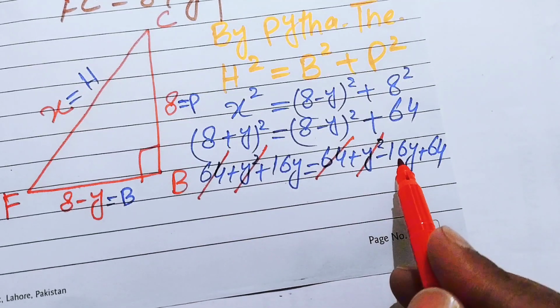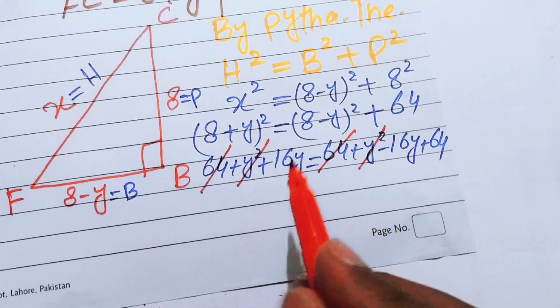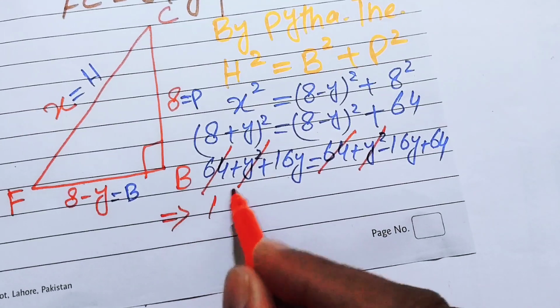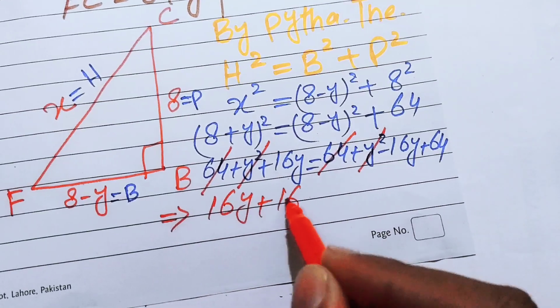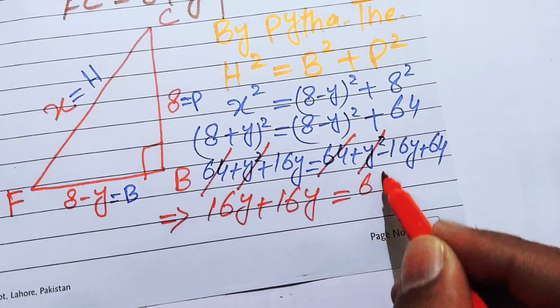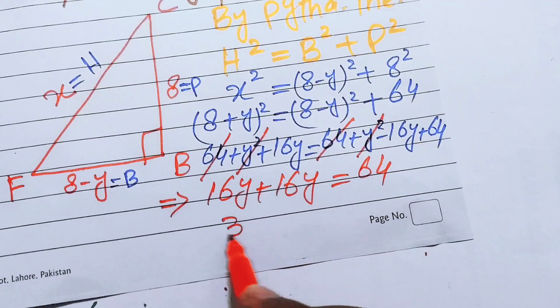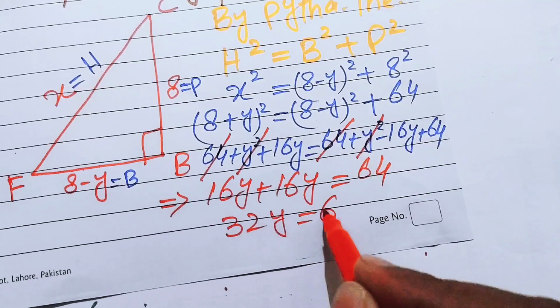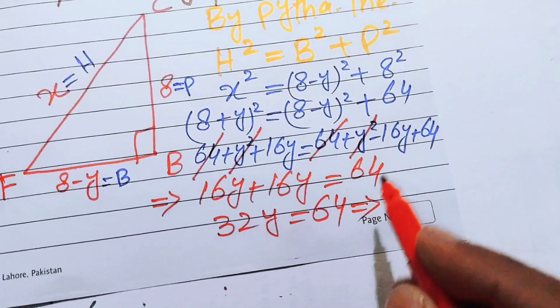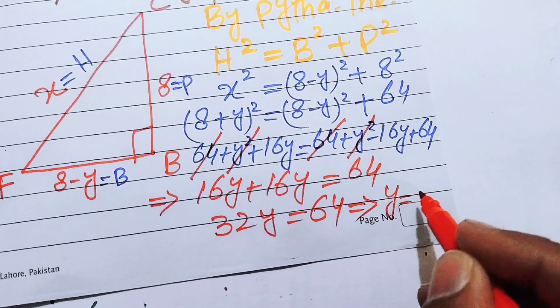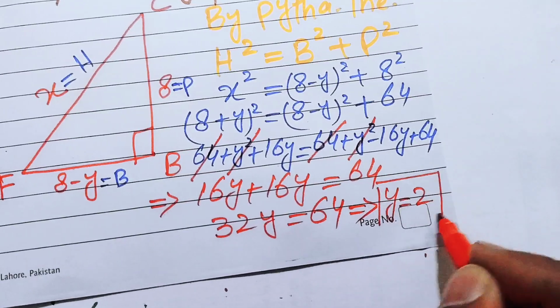We move this minus 16y to the left hand side, and you get 16y plus 16y equals 64. So 16y plus 16y is 32y equals 64, and this implies that the value of y equals 2.